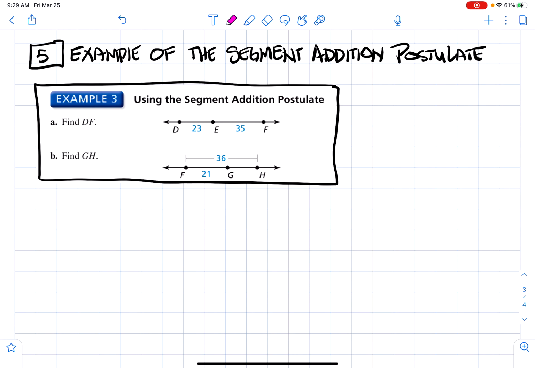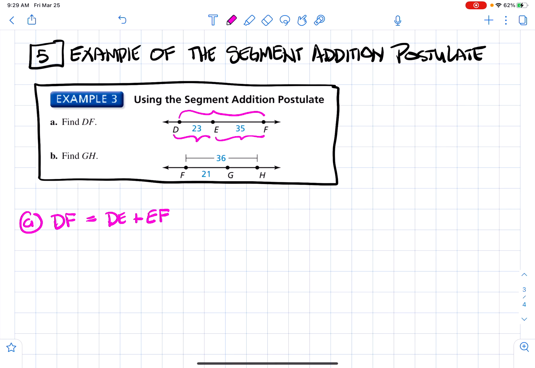Okay, so here is an example. Box number 5 is the last part of this lesson. It says, here's an example of the segment addition postulate. Using the segment addition postulate, find the length of DF. So we are interested in this length right here. For part A, DF is equal to DE, this part, plus the other part, which is EF.